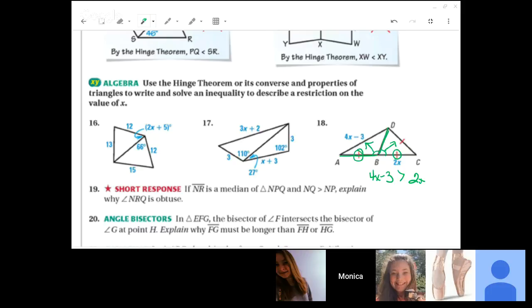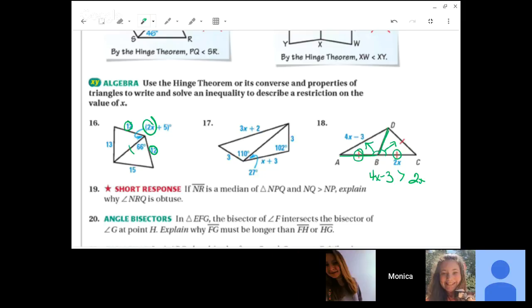Number 16 is going to be the same way. When we're looking at this one, we have to set up our inequality. We have our side measures there, so we can see that these two sides and this side are our congruent sides, okay? So we need to find a measure for that angle there, or for that x, okay?